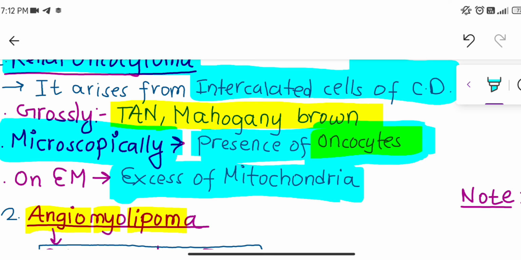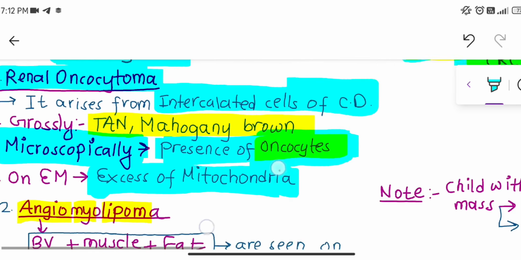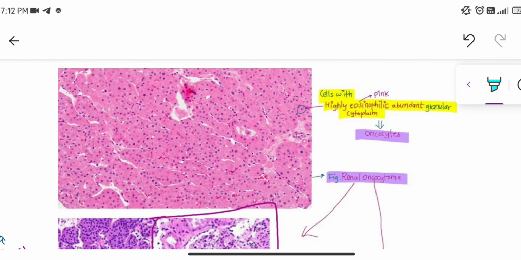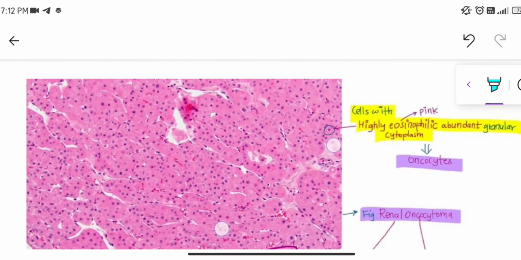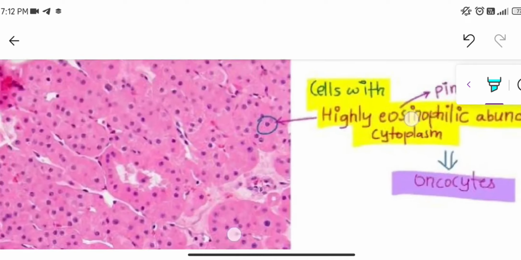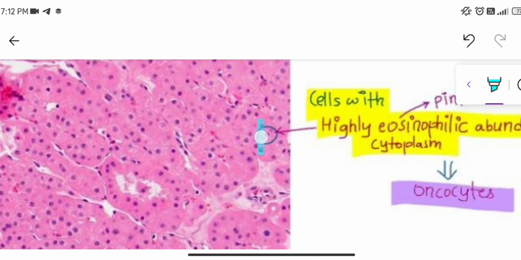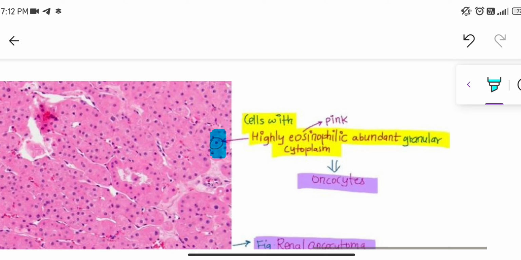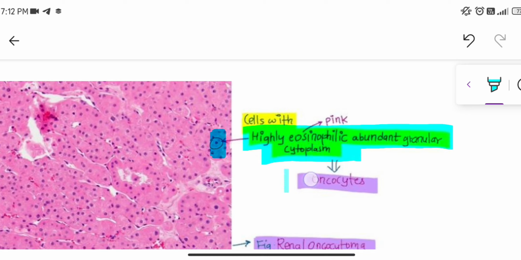Next we can see the figure of renal oncocytoma. You can see these are cells with highly eosinophilic abundant granular cytoplasm. These are the oncocytes.